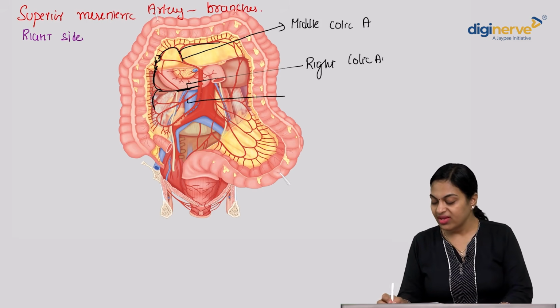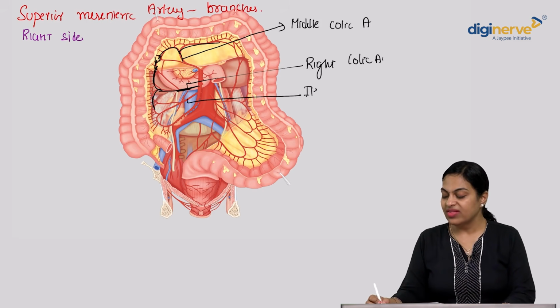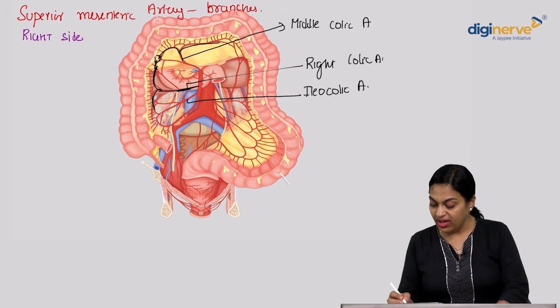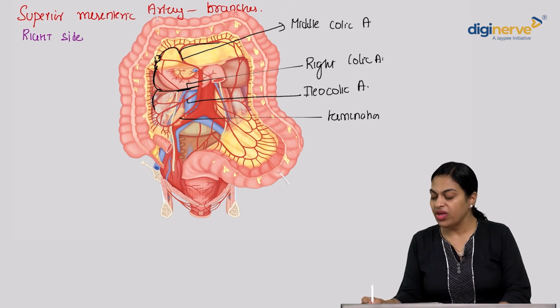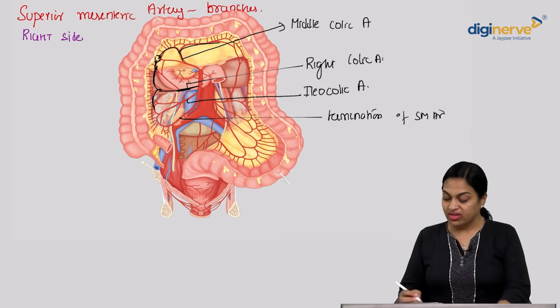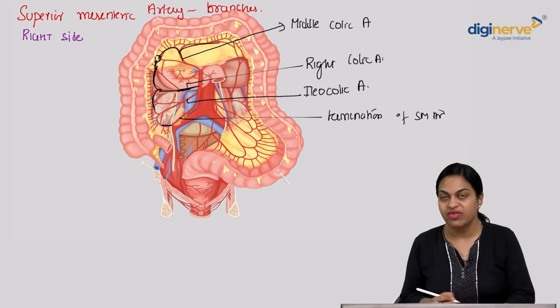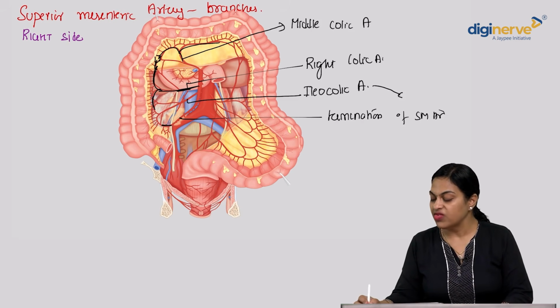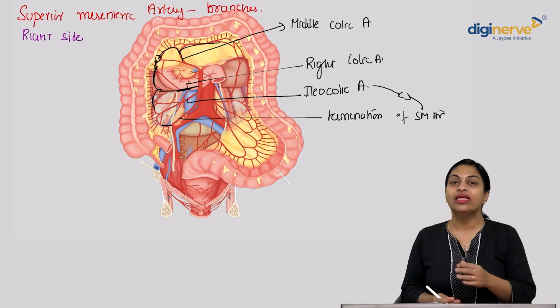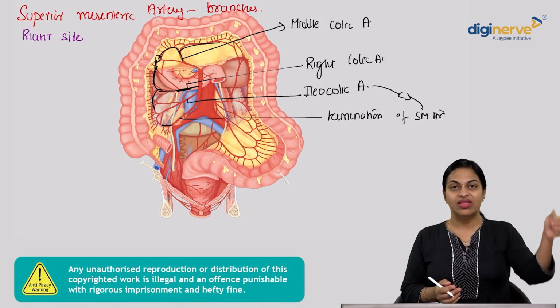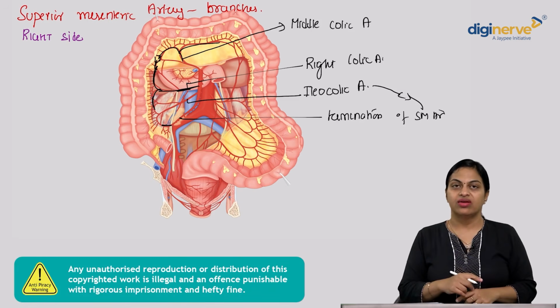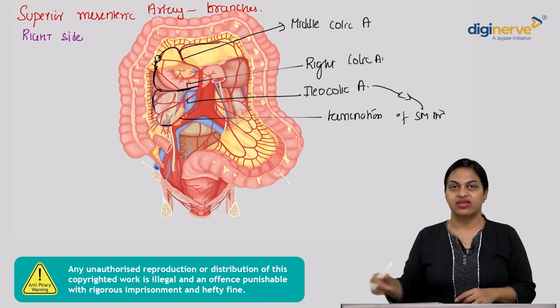And then this one here is the ileocolic artery. This is the termination of the superior mesenteric artery. And please remember, this terminal part of the superior mesenteric artery anastomoses with the ileocolic artery to complete the anastomosis running along the large intestine.